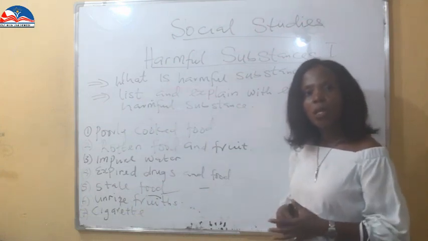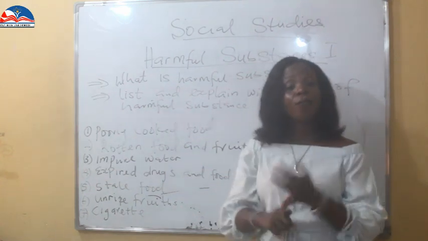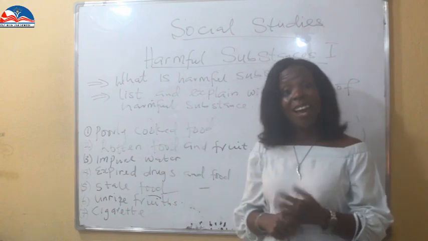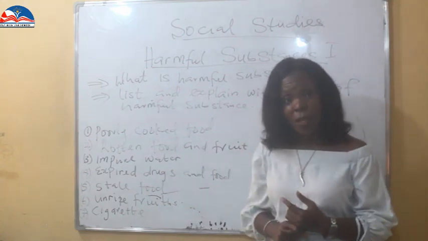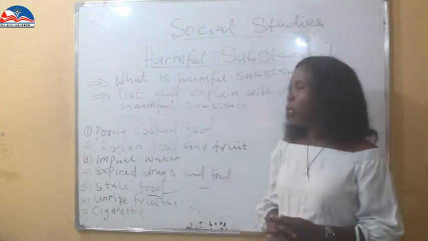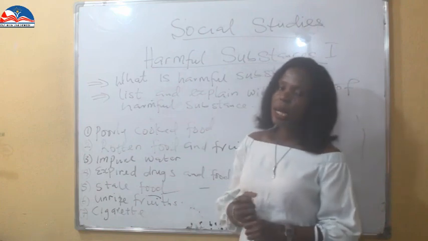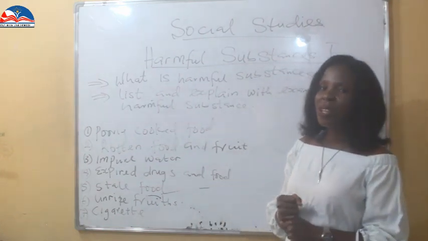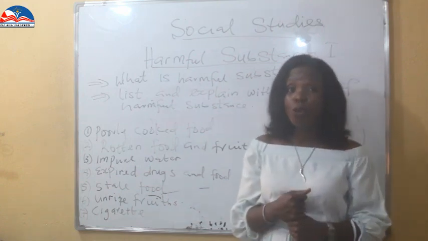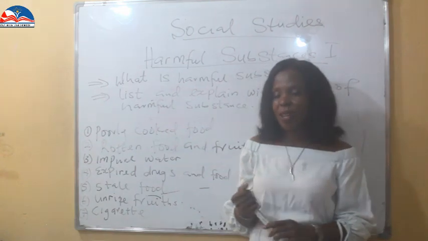All of these can be termed harmful substance. Remember we said harmful substance is anything that is contaminated and threatens the health of human, that is unfit for consumption. So we have listed all of this. Please watch through it again and again and understand it's something we can practice in our everyday life. Stop taking unripe fruit, stop taking harmful drugs. We will talk about harmful substance part 2 in our next class.